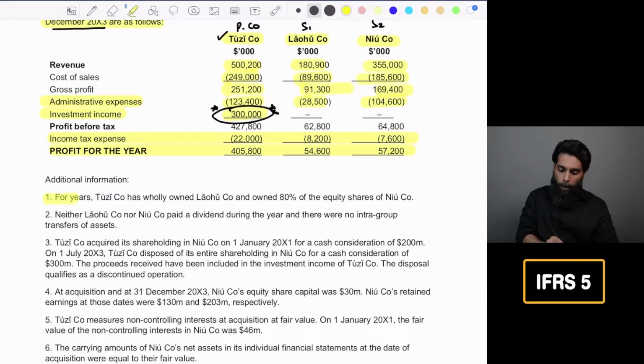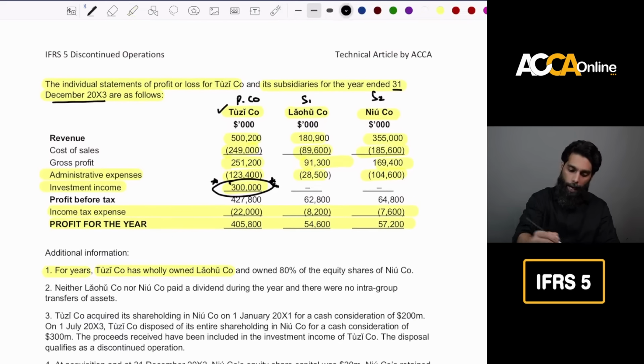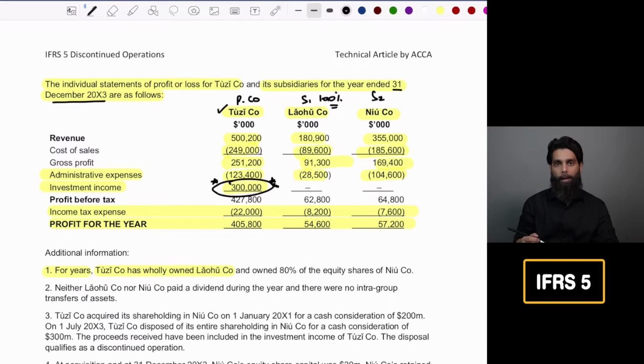Examiner says, note number 1, for many years, 2Z company has wholly owned Lao company. So first of all, you need to understand that Lao company is 100% owned by us. So there is no NCI as far as Lao company is concerned, and it owned 80% of the shares of Neo company.